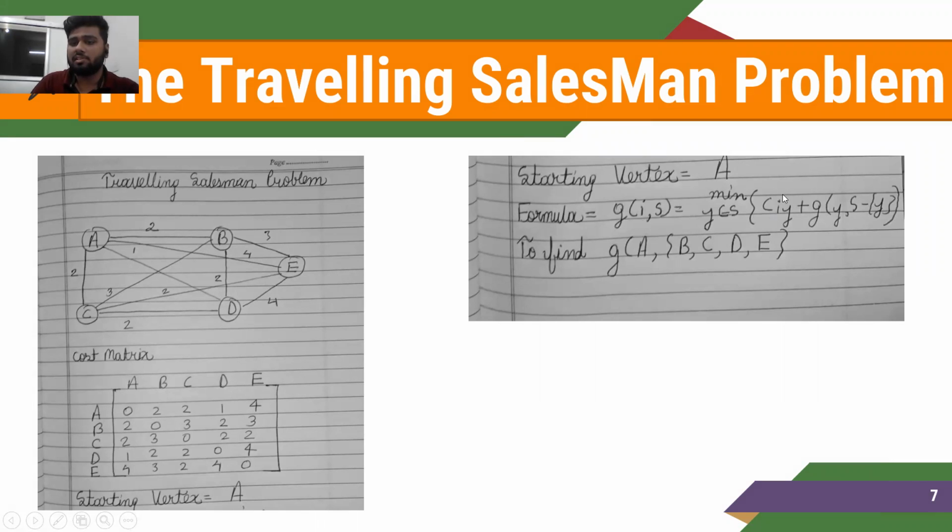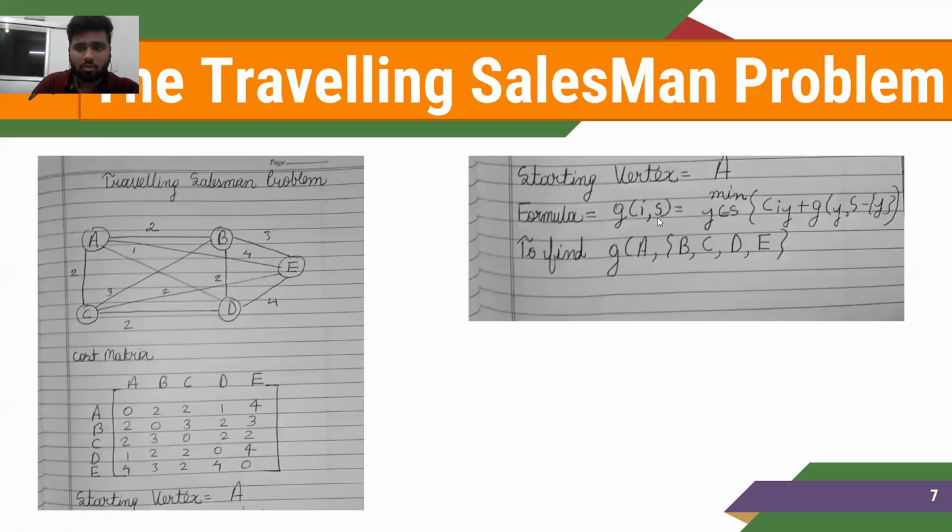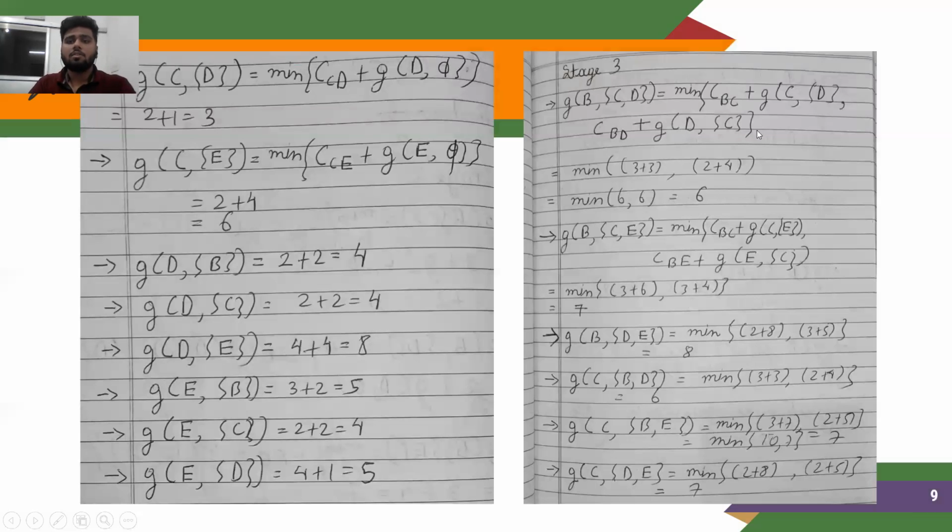So here is the formula, C of I comma J. So this BC is I comma J, and here we have J comma D. Here I have written D after subtracting J from the set, and the set is CD.